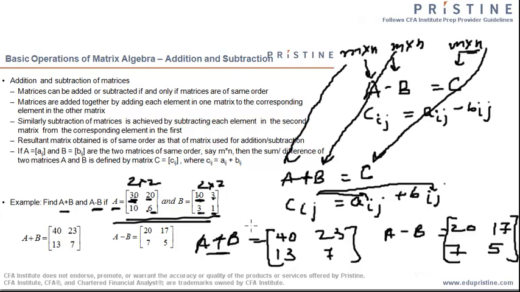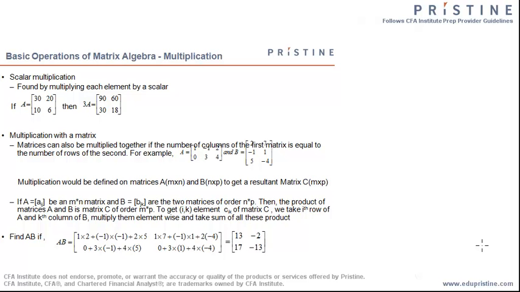So it must be noted that A plus B and A minus B are 2 cross 2 matrices as well. As we said, the sum and subtraction matrix C has the same order as that of the matrices A and B. We would now talk about multiplication operations in matrix.